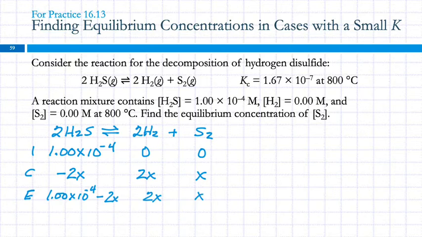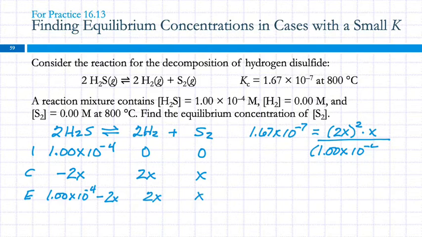So I take my equilibrium constant, 1.67 times 10 to the minus 7. That's going to be equal to 2x squared times x divided by, not 0.1, 1.00 times 10 to the minus 4 minus 2x squared. It's really easy to forget those squares.